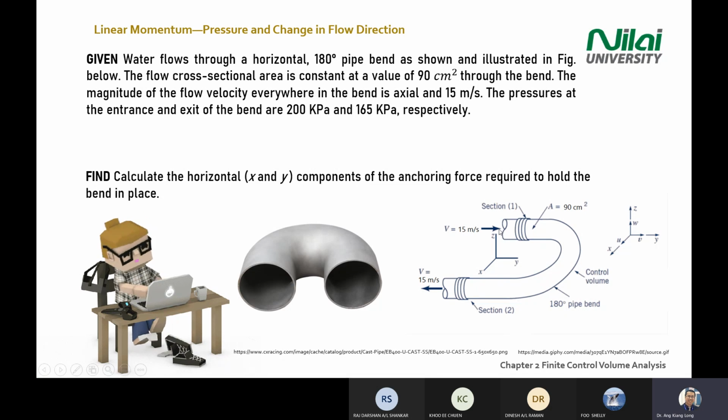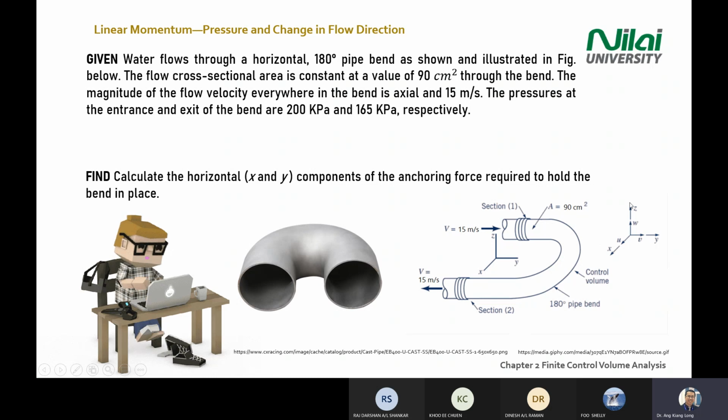In this case, you pump water in from section 1 at 15 meters per second. Then it goes along the pipe and comes out at section 2, and the axis is given. You are dealing with a 3-dimensional question, so you have X in this direction, Y, and Z direction.